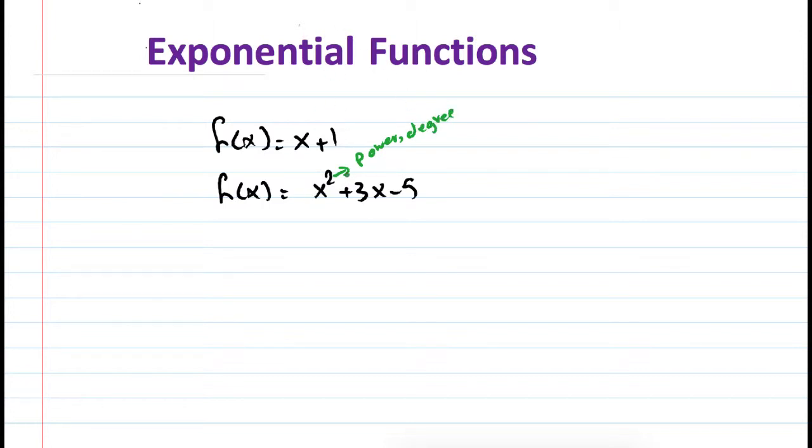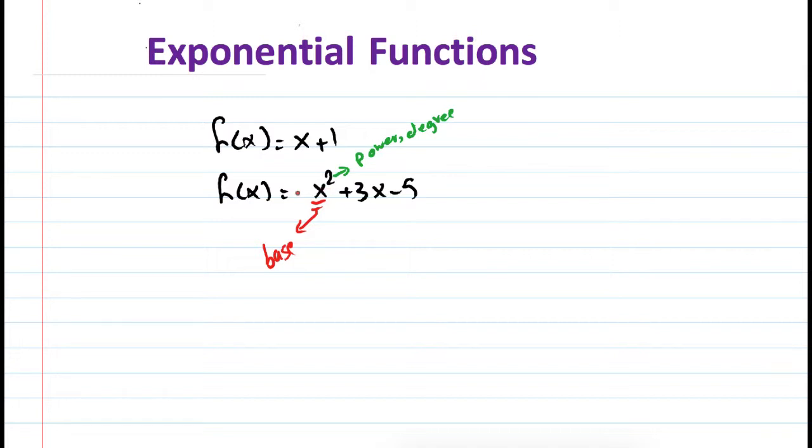And if it is the highest degree, it is the degree of the whole polynomial. And we had the variable, in this case x, to be the base of the power. So this is the base. Okay, so we had the variable to be the base and we had a number to be the power. Okay, that's what we have seen so far.